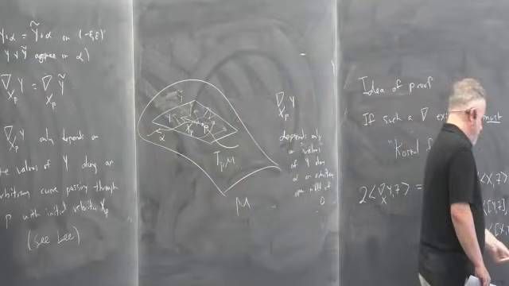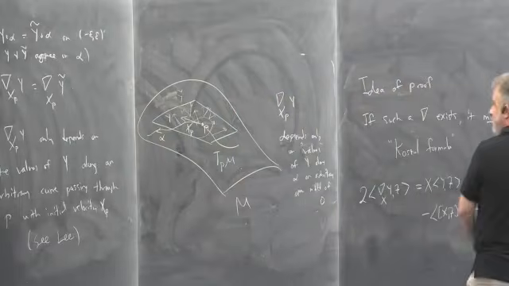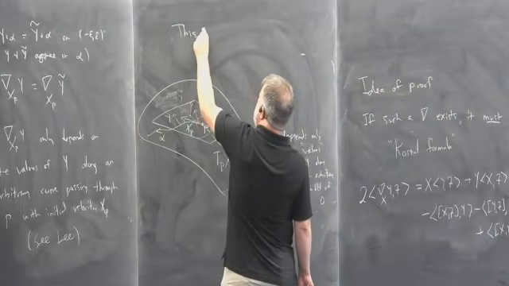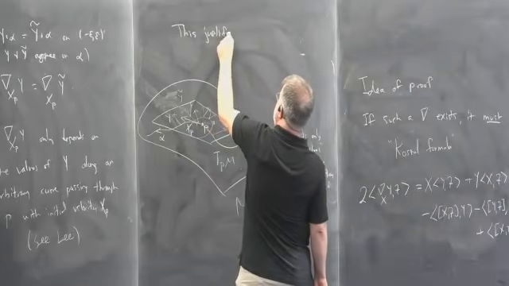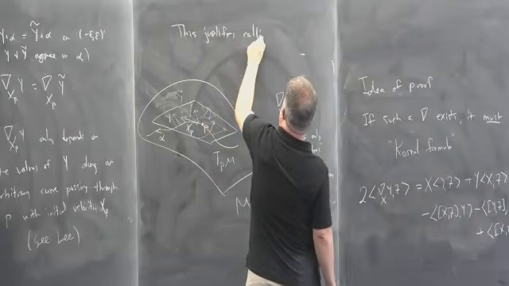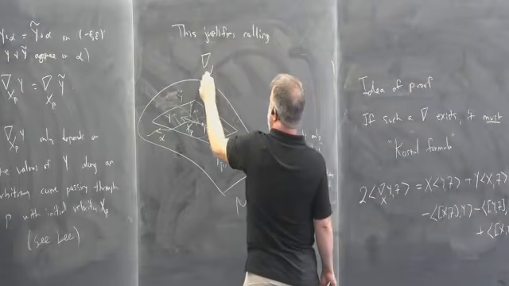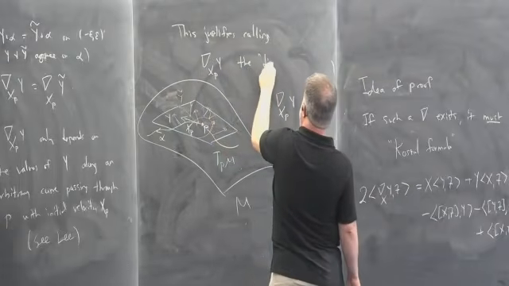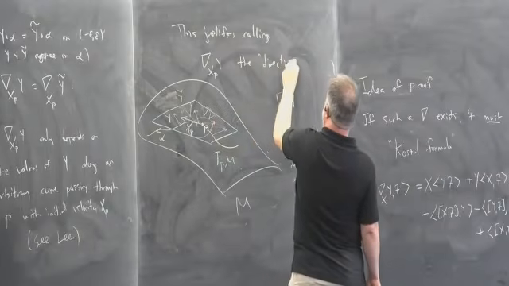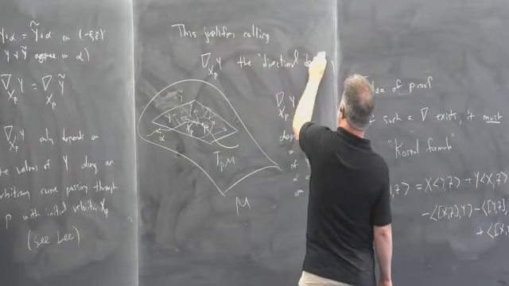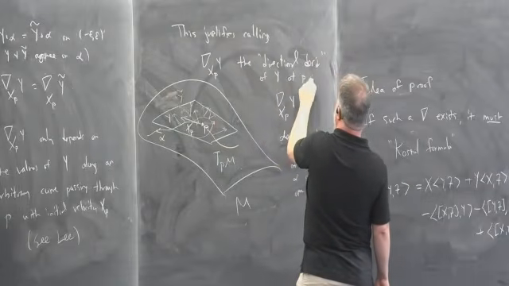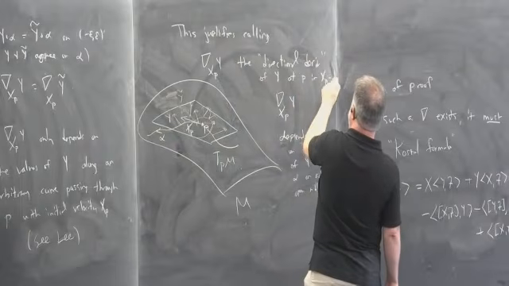So in this sense we say it's a directional derivative. This justifies calling nabla XP Y the directional derivative of Y at P in the XP direction.